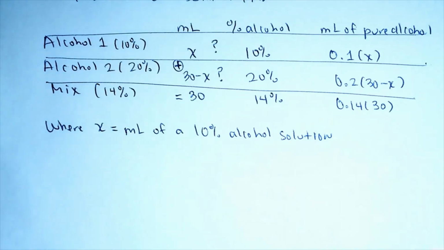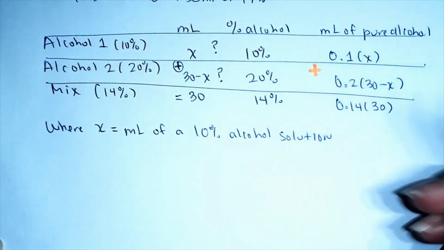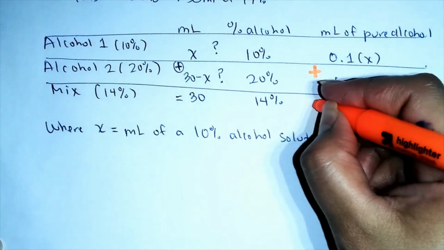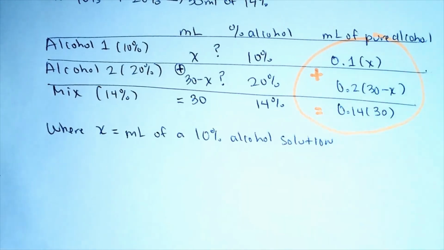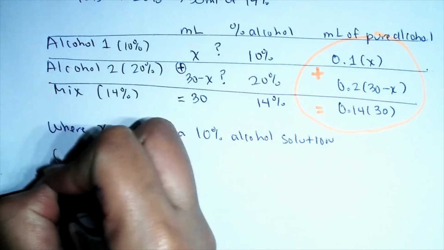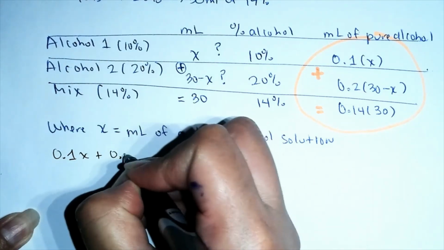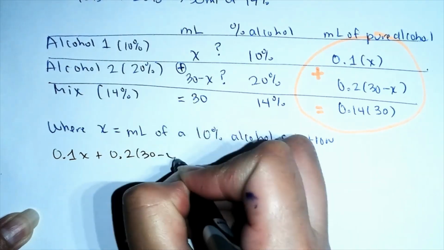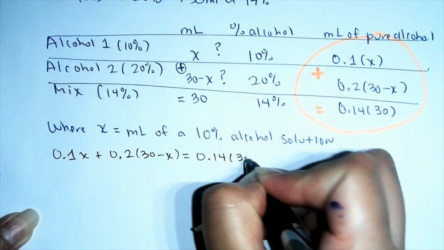We take the amount of pure alcohol in the first one, add the amount of pure alcohol in the second one, and that should give us the amount of pure alcohol in the mix. So again, our equation is just there. Let's write it out.